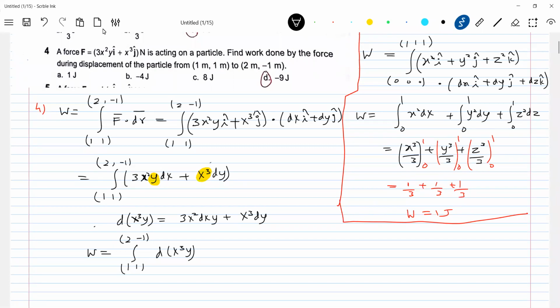The integral and derivative will cancel out, and we end up with only x cube y. The limits are (1, 1) to (2, -1). So how to substitute this limit? Substitute the upper limit: in place of x, substitute 2 cube.